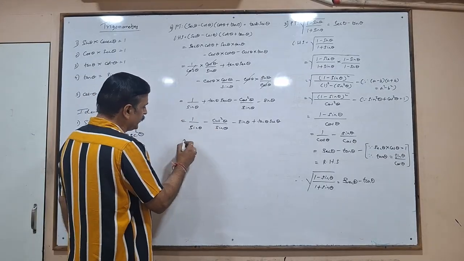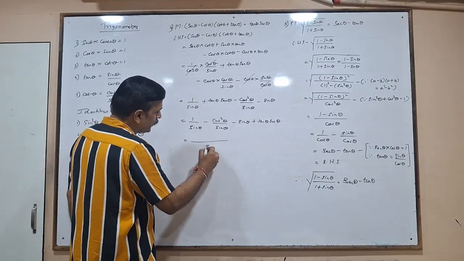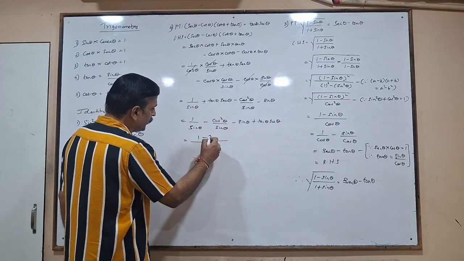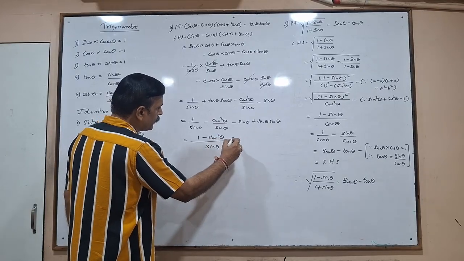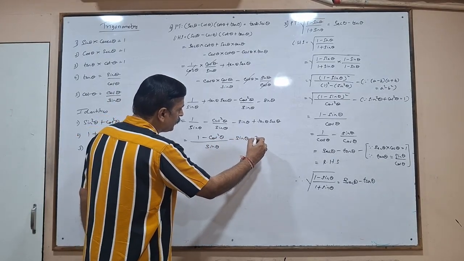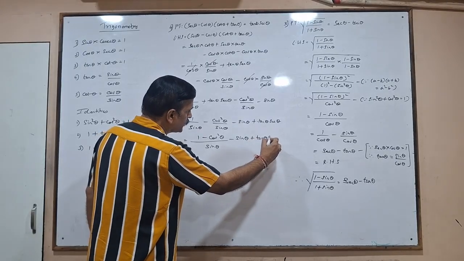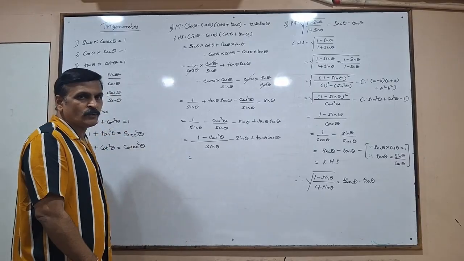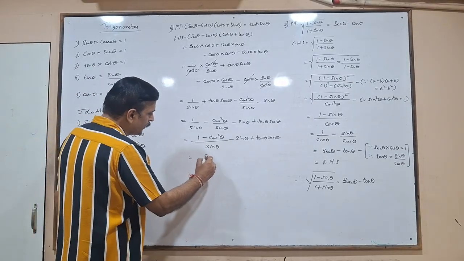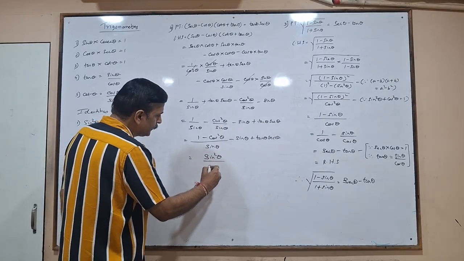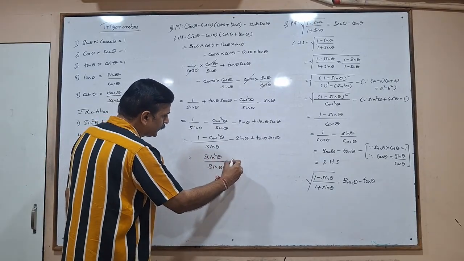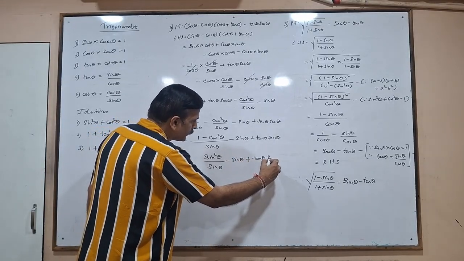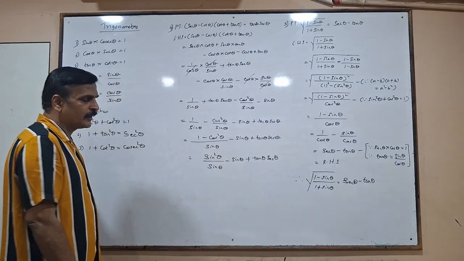These two have the same denominator, so sin theta, 1 as it is, minus cos square, minus sin plus tan into sec. As per identity, what is 1 minus cos square? It is sin square theta upon sin theta minus sin theta plus tan theta into sec theta.